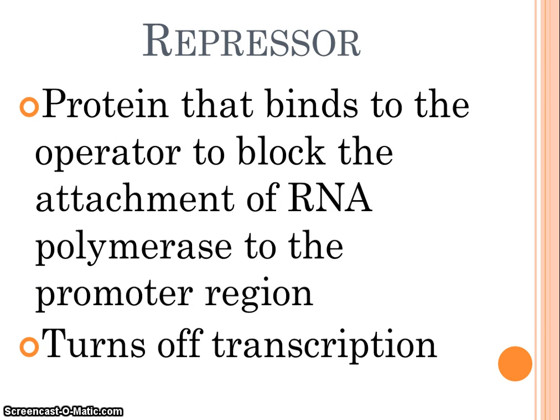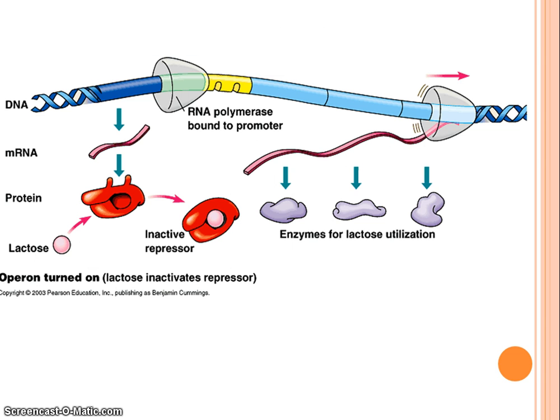Okay? So a repressor is a protein that binds the operator to block the attachment of RNA polymerase. That will turn off the transcription. It physically blocks the attachment, so it will not occur. So with this, lactose will interfere with the attachment of the lac repressor. That would change the shape, it can't bind to the operator, and then the operator switch will be on.